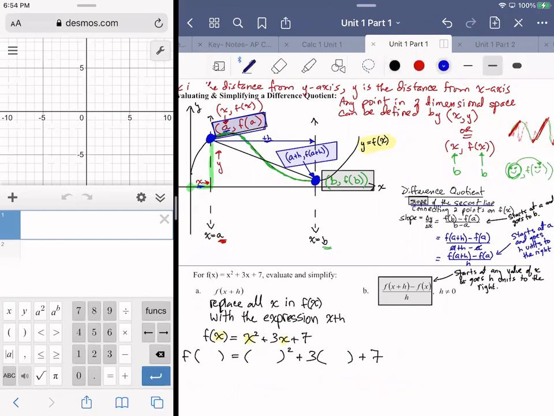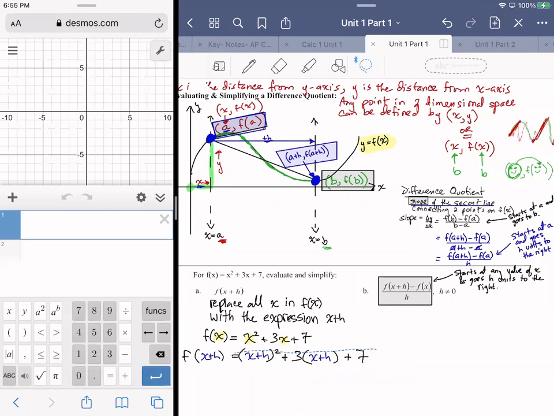All right, so I'm going to pop in an x plus h everywhere I have an x. And then we're going to simplify that. All right, that's the least exciting part about this whole process. Just kind of cleaning it up a little bit.